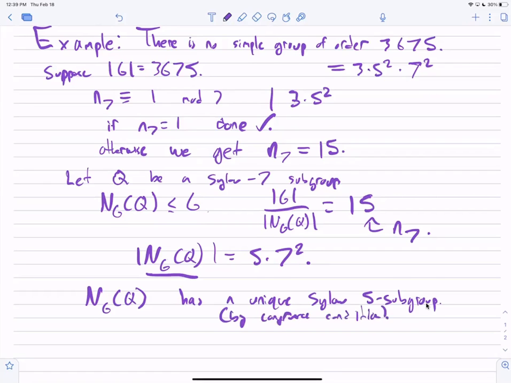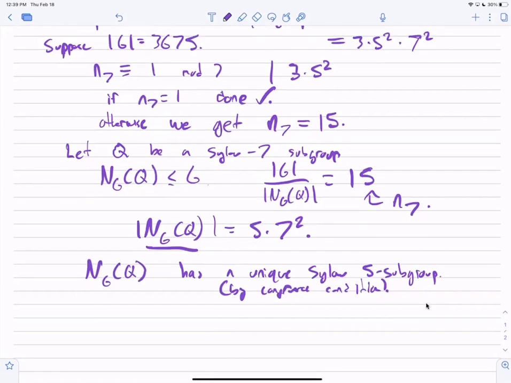Okay, so let me call that subgroup P. And so this is normal in this normalizer. So P is a normal subgroup of the normalizer of Q.